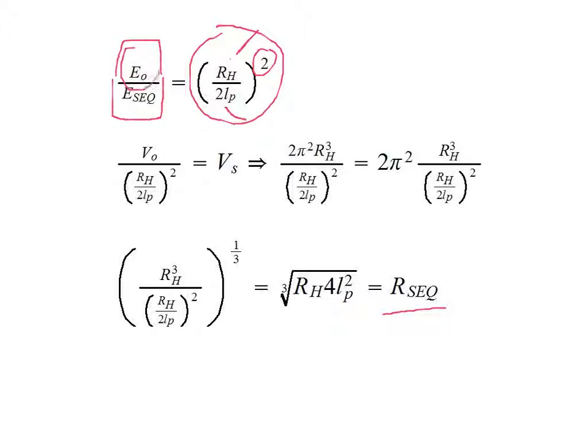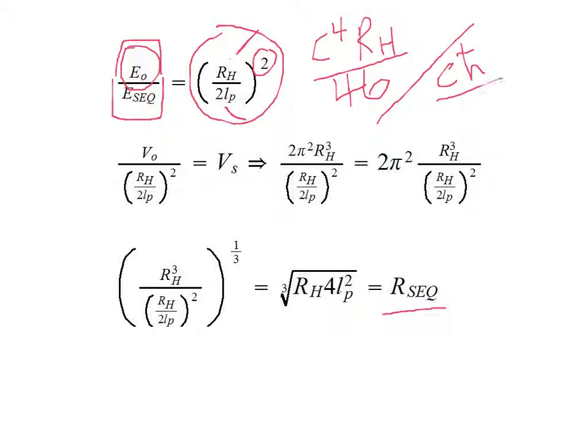Remember that E sub O here is c to the 4th times R sub h divided by 4G. And when we divide it by the energy of the small energy quantum, c times h bar over R sub h, we get this number.